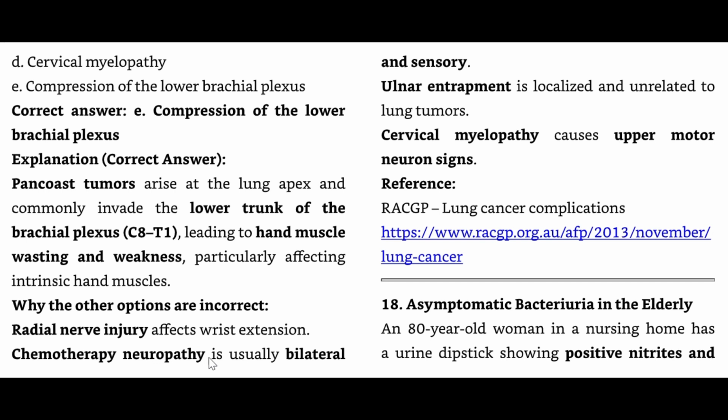Chemotherapy neuropathy is usually bilateral and sensory. Ulnar entrapment is unrelated to lung tumors. Cervical myelopathy causes upper motor neuron signs.